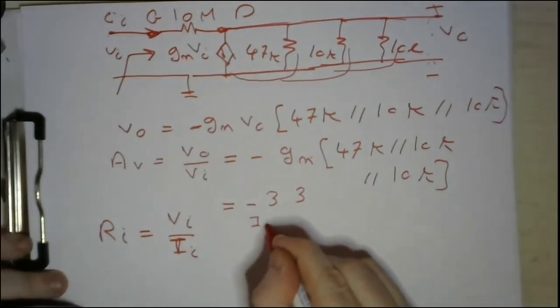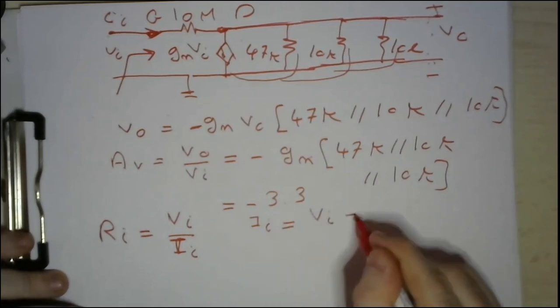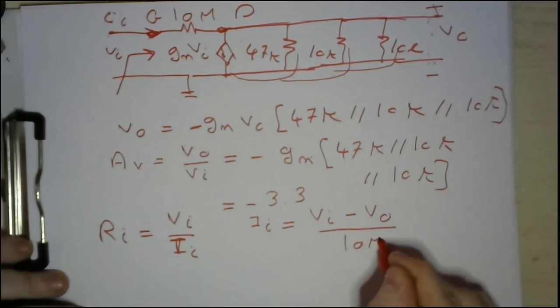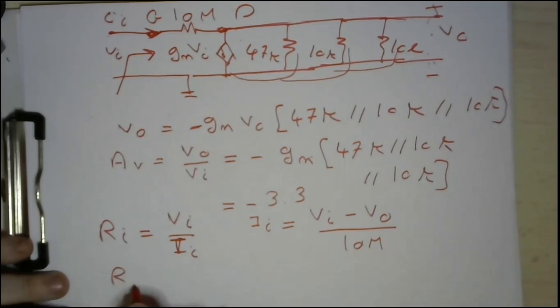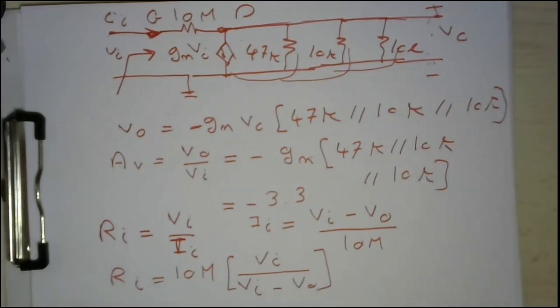So I input equals V input minus V output over the 10 mega resistance. You can easily substitute it here. So R input equals 10 mega times V input over V input minus V out, as you can see.